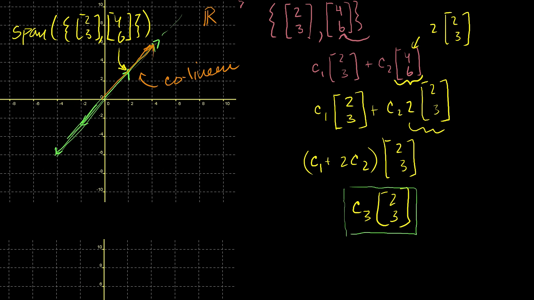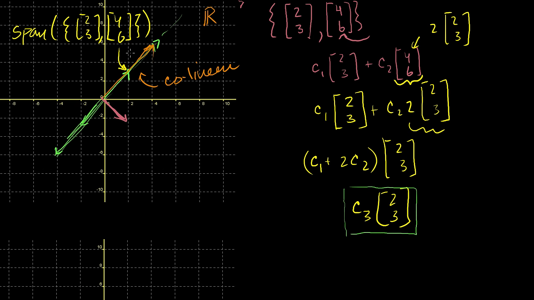You can't represent this vector right there with some combination of those two vectors. There's no way to kind of break out of this line. So there's no way that you can represent everything in R2. So the span is just that line there.